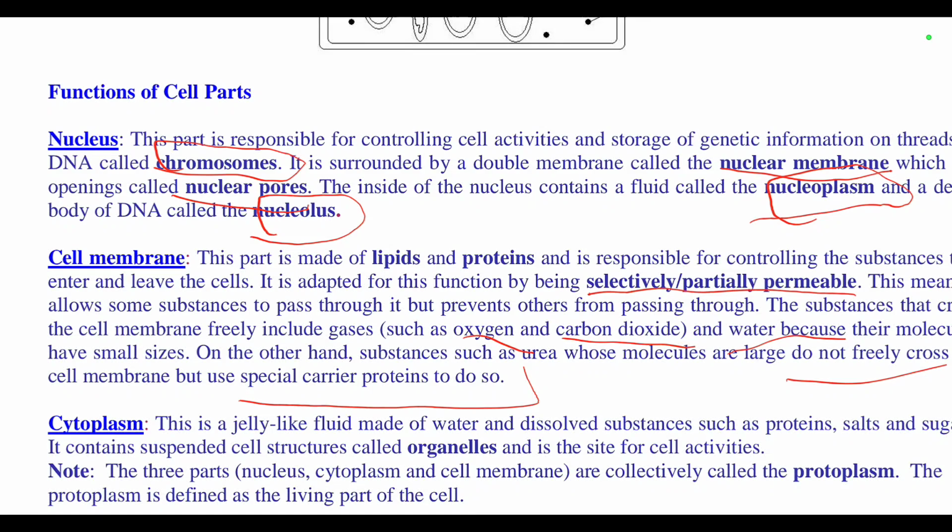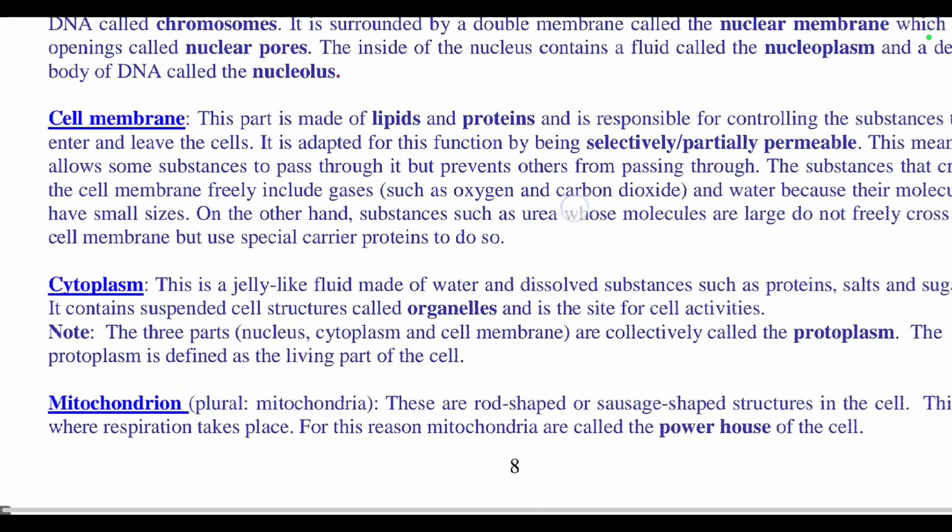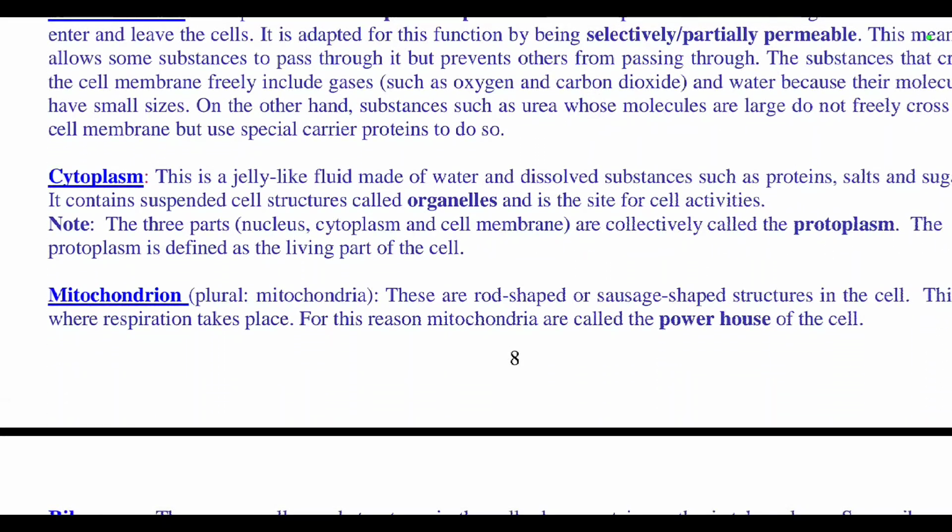Okay. Now, what is the cytoplasm? Cytoplasm is a jelly-like fluid made of water and dissolved substances such as proteins, salts, and sugars. Okay? It contains suspended structures called organelles and is the site for cell activities.